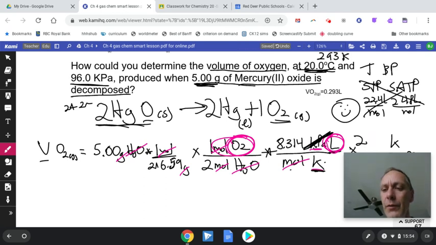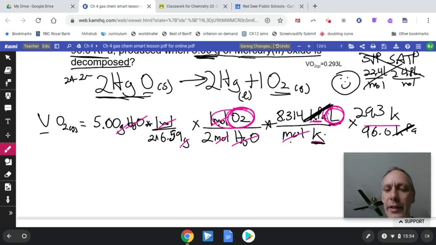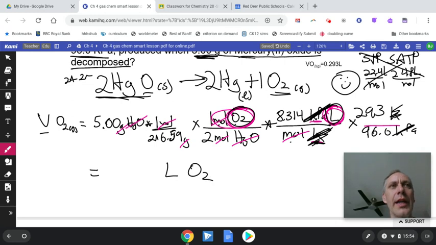Okay, 293 Kelvin. All right, Kelvin is gone. There's nothing left in here except the unit of liters and the chemical formula of oxygen. So I get liters of O2, which is what we're looking for, volume of oxygen.